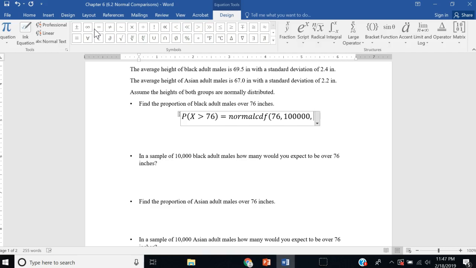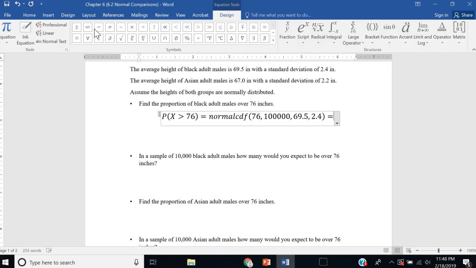Now, in terms of inches and people's heights, you can imagine that 100,000 is a way bigger number than we actually need. But that's it. So over 76 inches is 76 up to a really big number. Type in the average 69.5 for this group, and for this group 2.4 inches is the standard deviation.